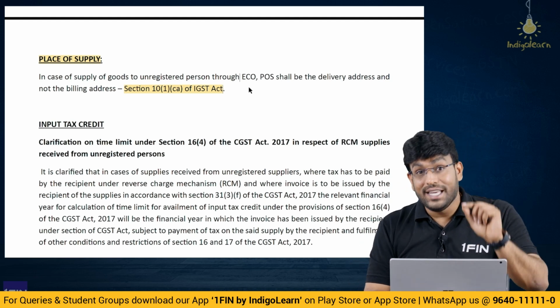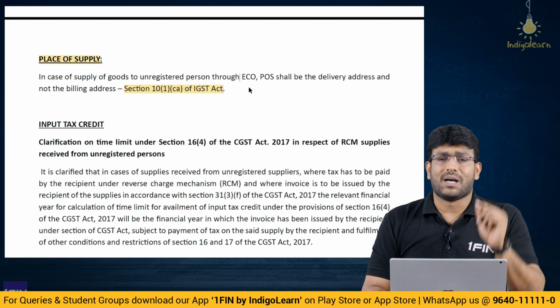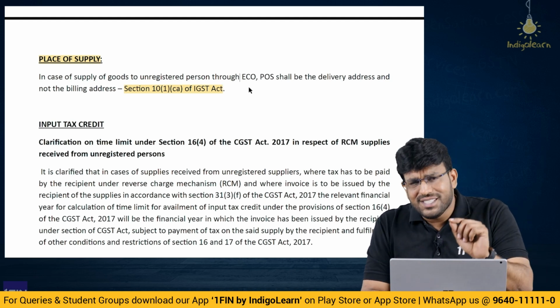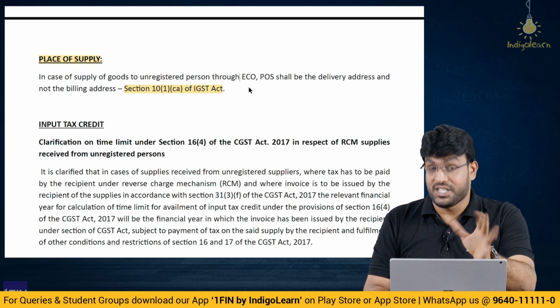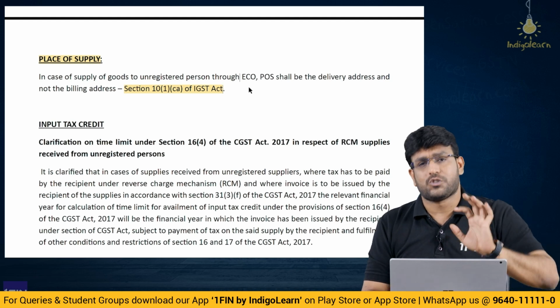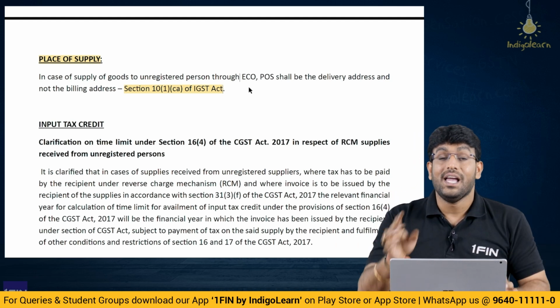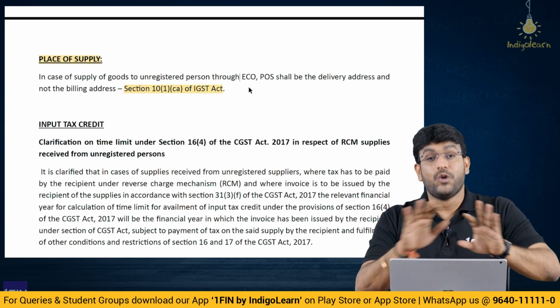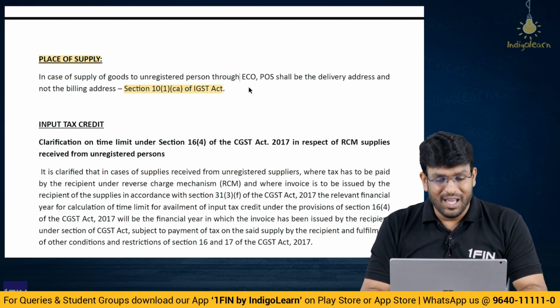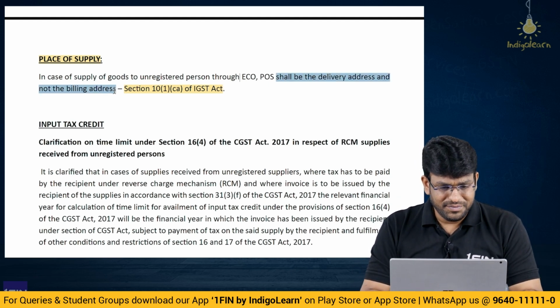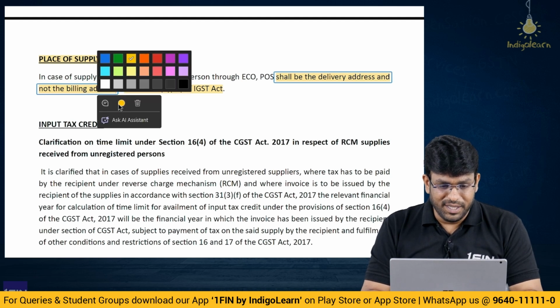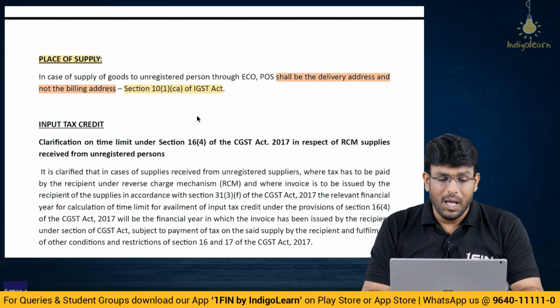In that case, they have clearly clarified that in case of supply of goods to an unregistered person, this only to unregistered person I am talking about, through an e-commerce operator, place of supply will be the delivery address but not the billing address. A very interesting point to be noted. Already we know this, but see now. Place of supply shall be the delivery address and not the billing address.